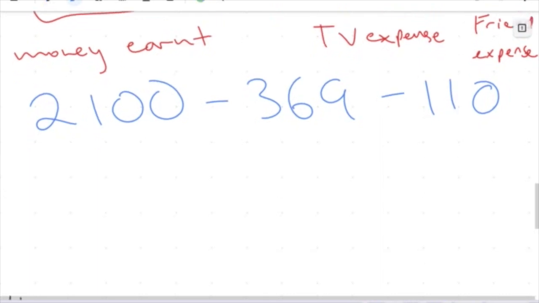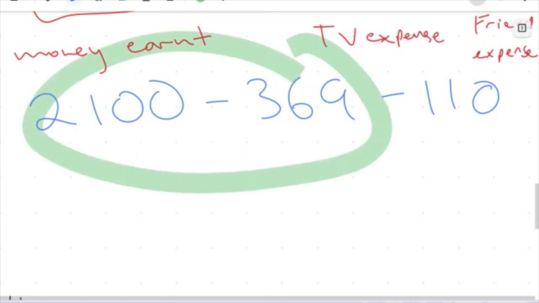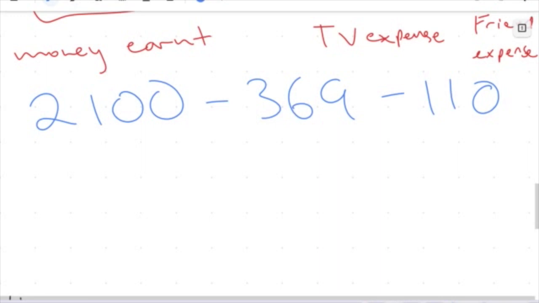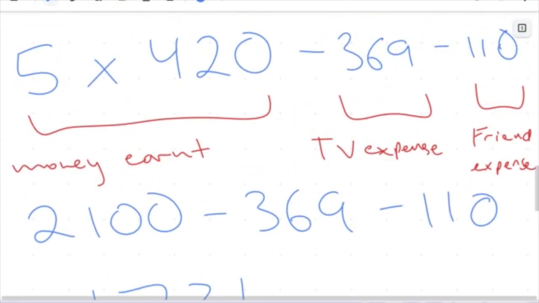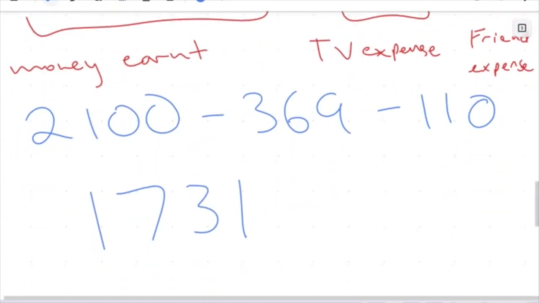Now, remember with subtraction, it doesn't matter which ones we do first, but I'm just going to work from left to right and do this thing here. So 2,100 minus 369 gives me 1,731. So remember, I'm going down line by line by line, showing my working out.